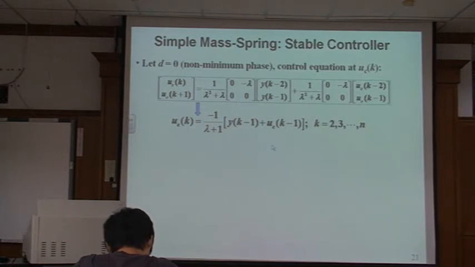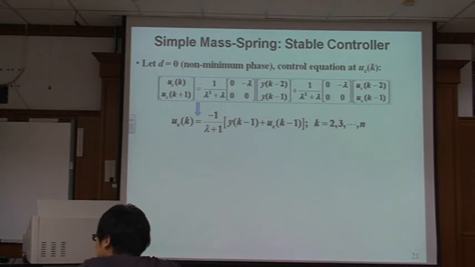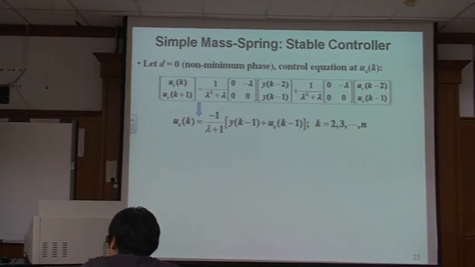My R is lambda times the identity matrix, but this has to be positive definite. So lambda cannot be 0.